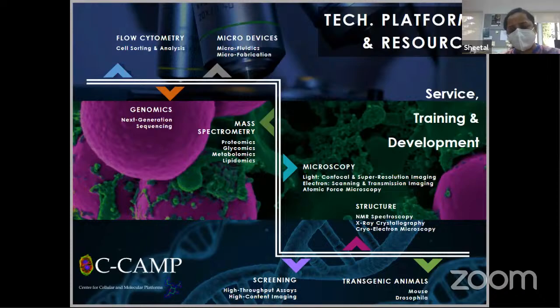Currently, we are dealing only with embryos in mouse, but we will soon start providing the service for animals as well. Then we have high throughput assay and high content imaging analysis with us. Along with these, we also provide gene synthesis, cloning, expression, and purification services.